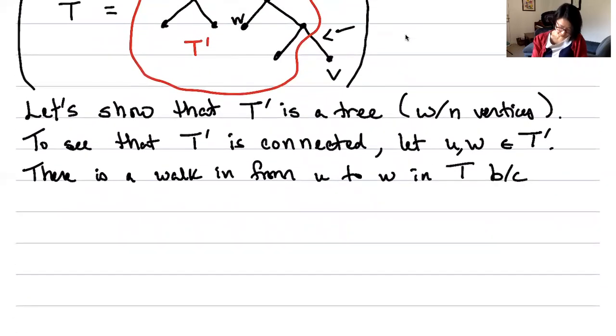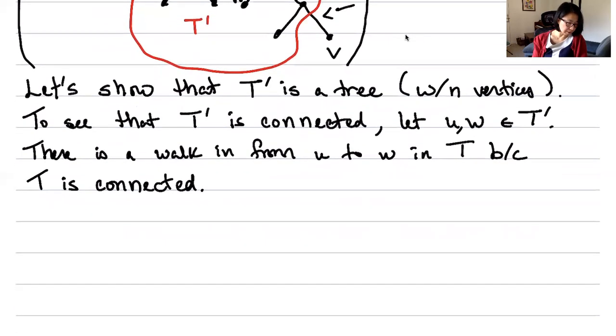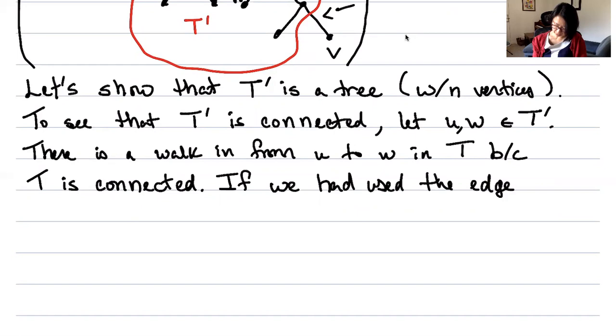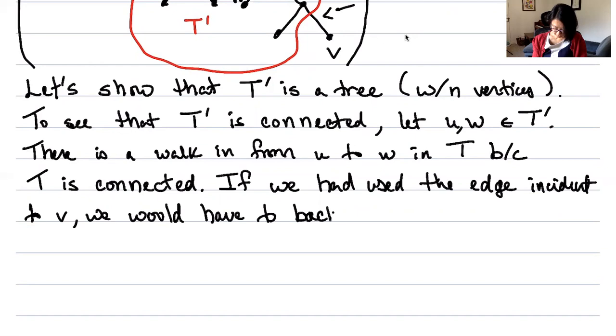All graphs are connected, that's part of the definition of a tree. And if we had been silly enough to use the edge incident to v, we would have to backtrack over it.